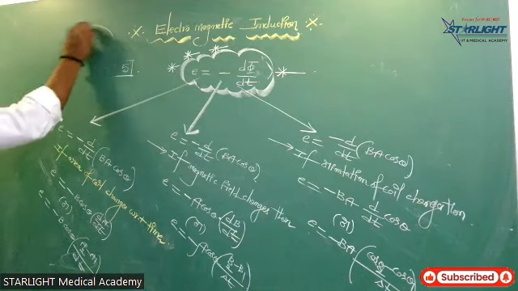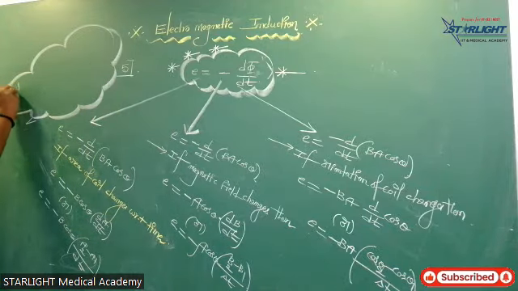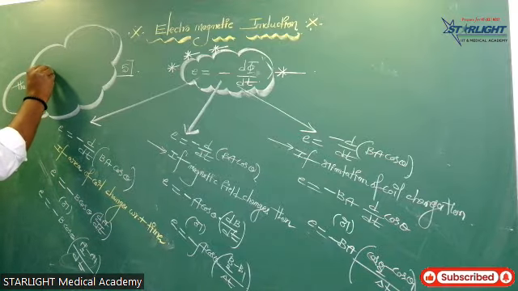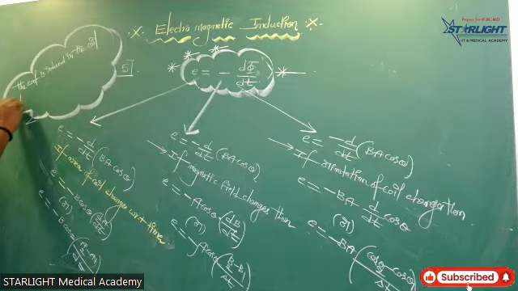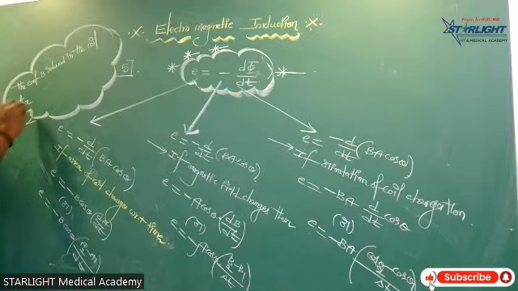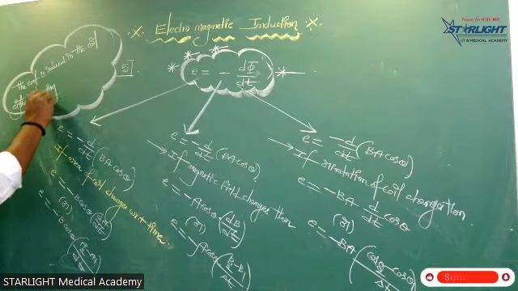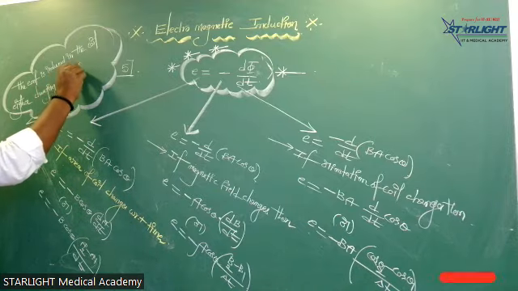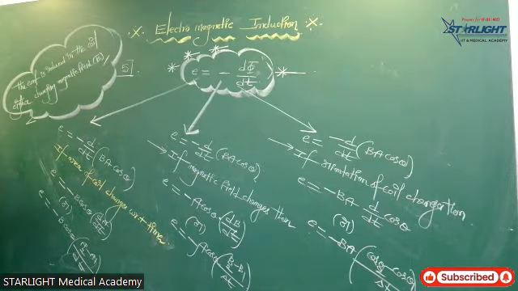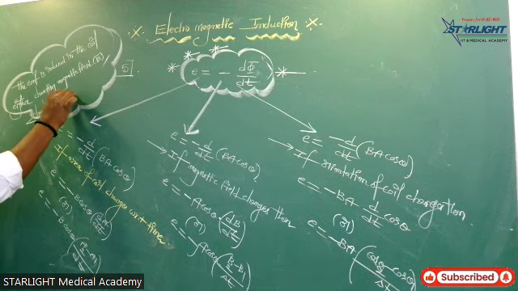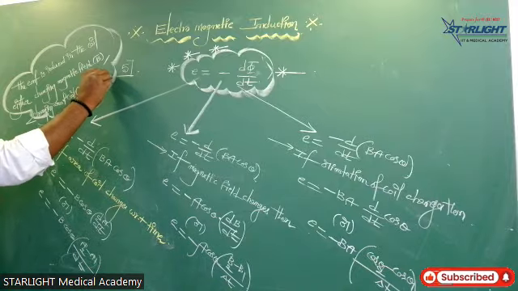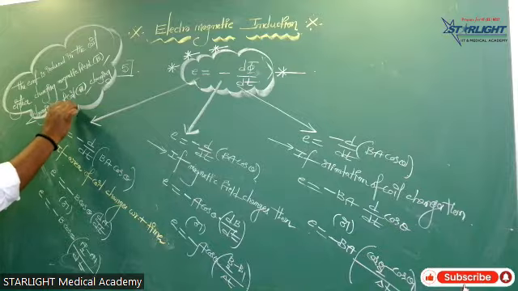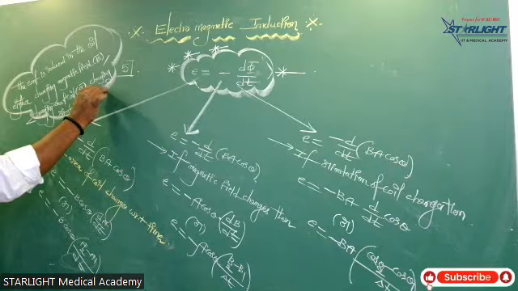So here I will write one more point, a key point. The EMF is induced in the coil in what situations? Either changing magnetic field, B vector, changing area of coil, A vector, or changing orientation of coil with respect to time.